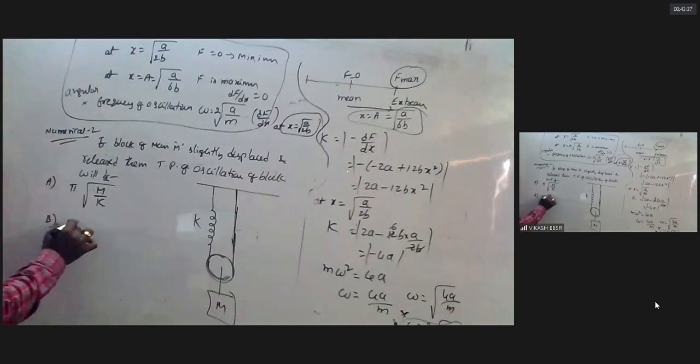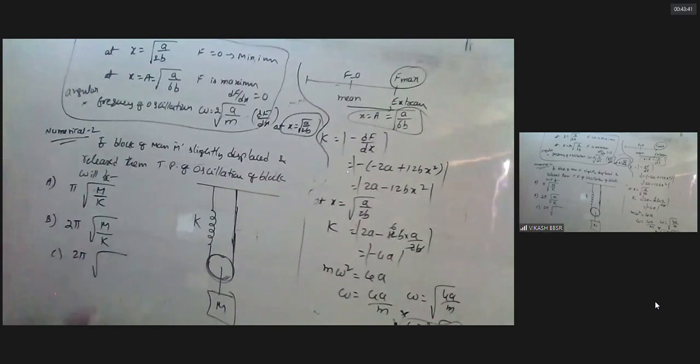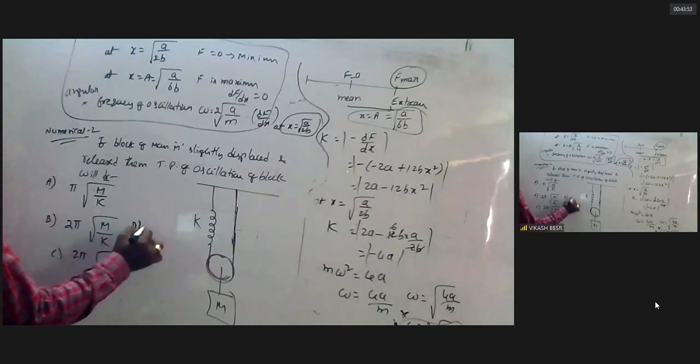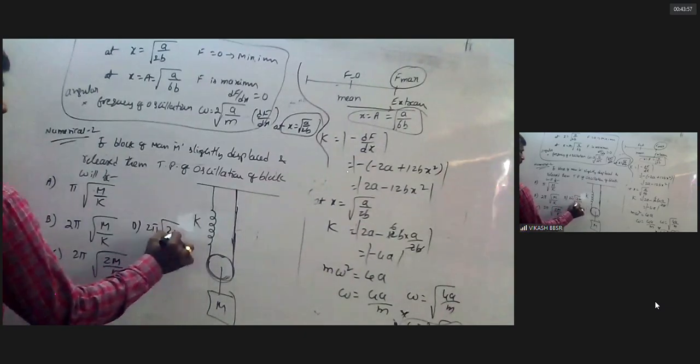Option B, 2 pi root of m by k. Option C, 2 pi root of 2m by k. Option D, 2 pi root of 2m by pk.